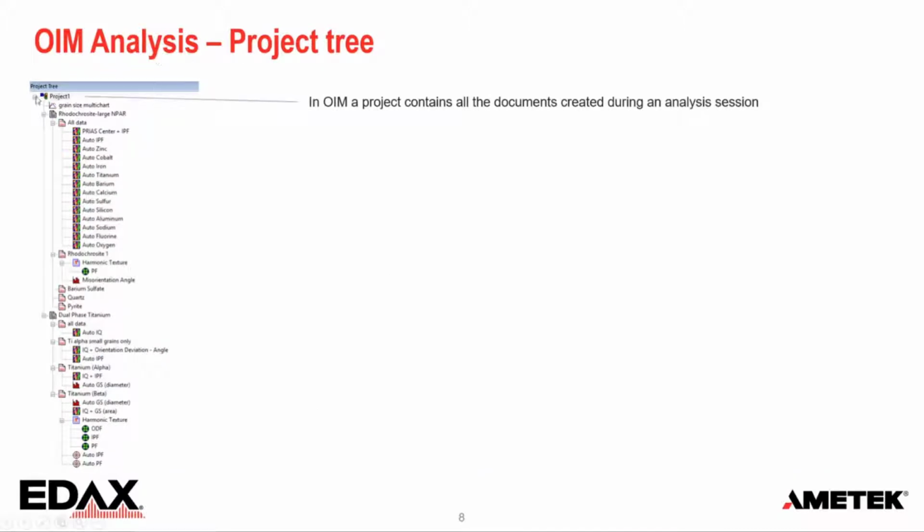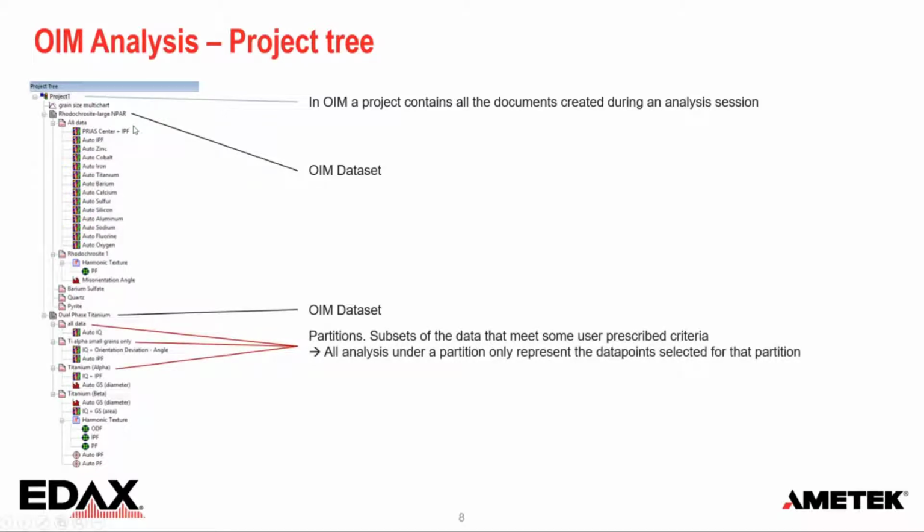So when we have the project, all the documents, all the analysis, maps, plots, charts, everything you do are stored in this one file. And in the project, we can have multiple data sets. So in this case, they're indicated with these black icons. And inside each of these data sets, we can have partitions or subsets. And for all data, there's not much of a filter or a subset, it's just everything.